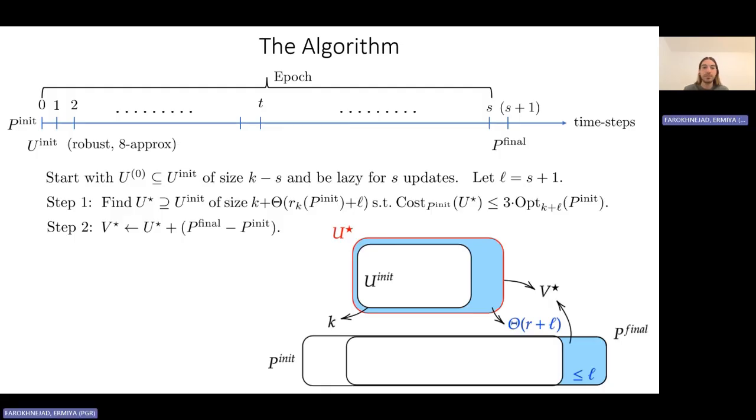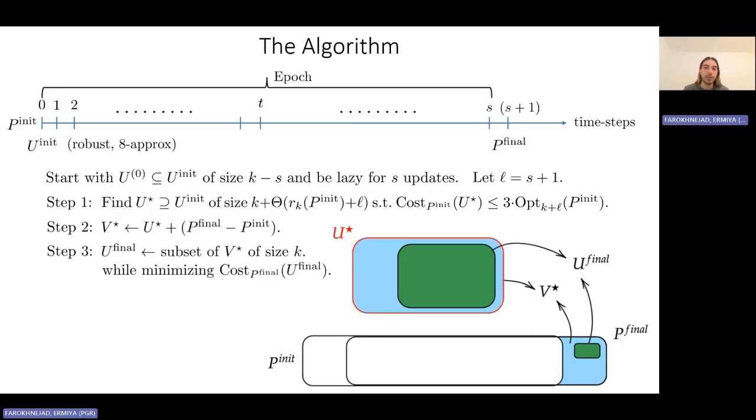What's the next step? The next step is to insert some points into U star to get V star, which is all of the points that are inside P final that are not inside P initial. It's easy to see that we can do this in just constant time. It's trivial. The next step is to reduce the size of V star to exactly k. So we want to find a subset of V star of size exactly k while minimizing the cost.